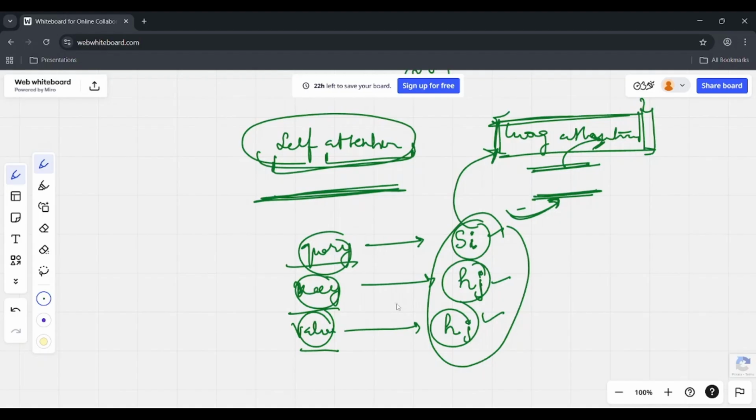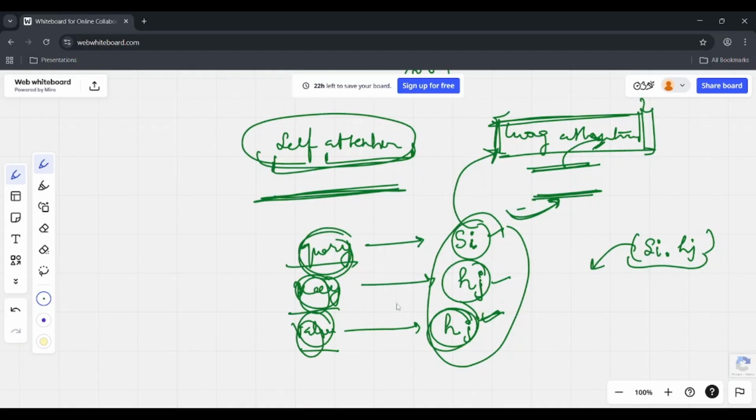and you will see that they are actually very similar, because ultimately what we do there is that we take our si, we take our hj, we take their dot product, then we pass it through the softmax layer, and then we use it with hj in order to find out the final value. Same way here we have query, key, value vectors.